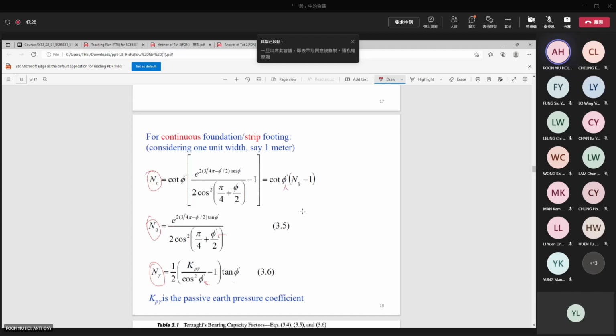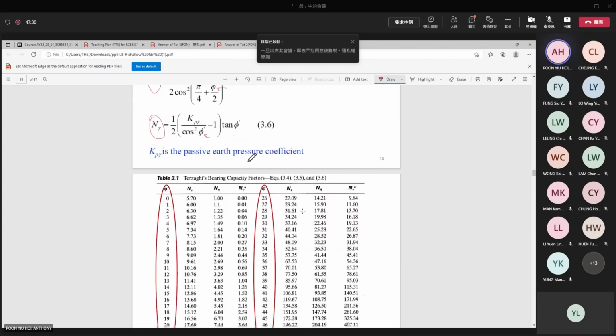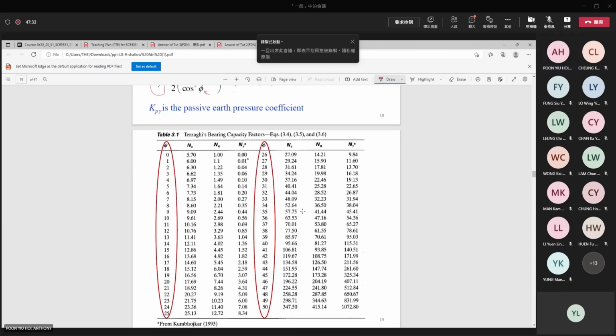So some people are kind enough to prepare a table. It calculates all the bearing capacity factors for you, provided you have the friction angle. So if your friction angle is say 30, then you can obtain these values immediately for Terzaghi's formula. Okay, so this is for Terzaghi's formula.